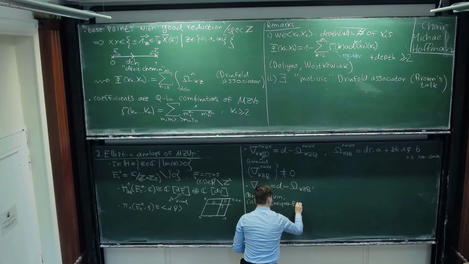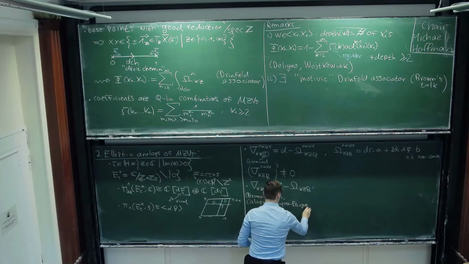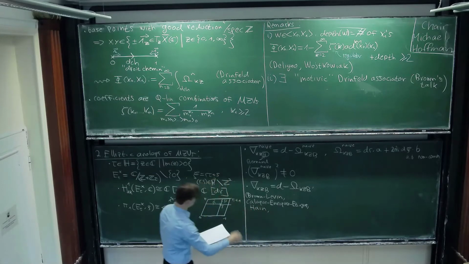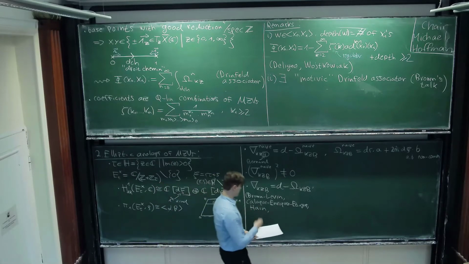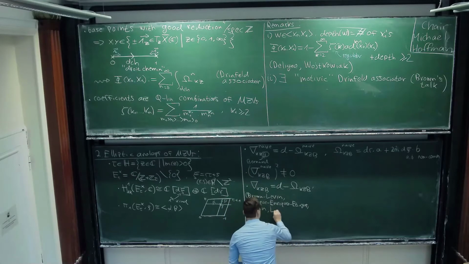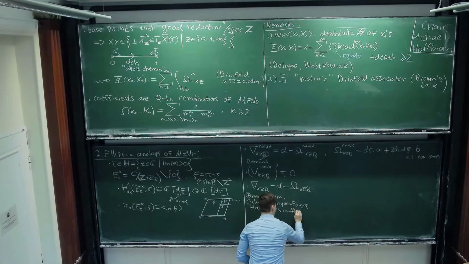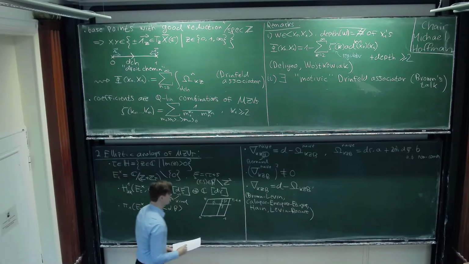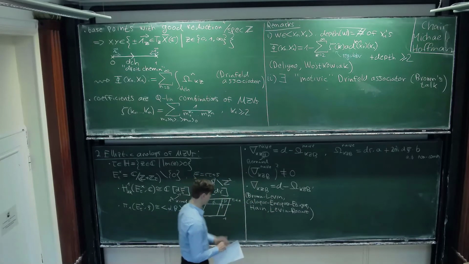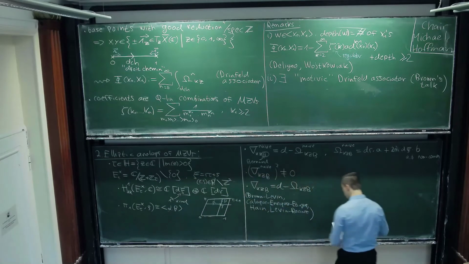There's also some important work by Hain on this, clarifying, also particularly considering algebraic aspects of the KZB connection, and also Levin and Racinet. And perhaps there are even more people, but I'm not so sure who else. Certainly these were the ones which influenced my point of view on this KZB connection.